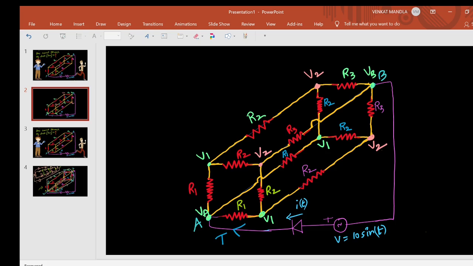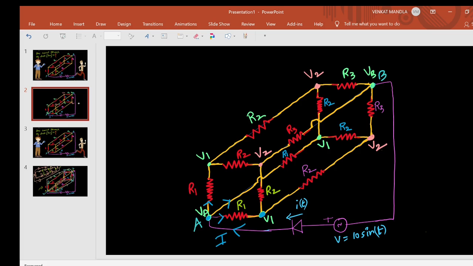Here let us say the current I is flowing. Here we have three paths: here is one path, here is one path, here is one path. But what is the current in these three paths? In the below line, the current is (VA minus V1) by R1.